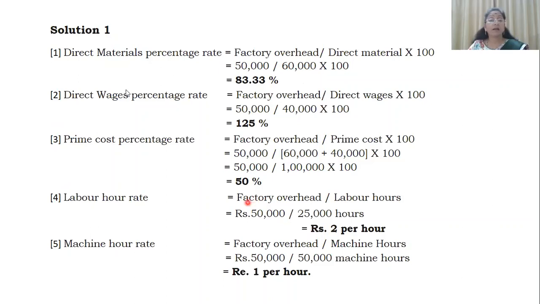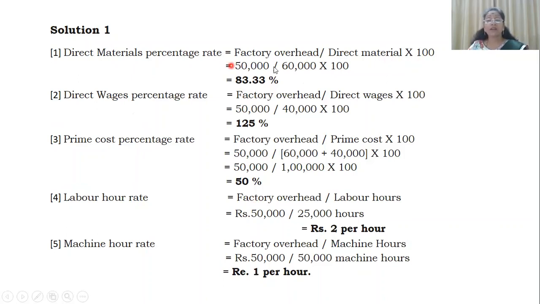We calculated five rates here, five methods: direct material percentage rate, direct wage percentage rate, prime cost percentage rate, fourth, labor hour rate, and last, machine hour rate. First, the formula for direct material percentage rate: factory overhead divided by direct material into 100.